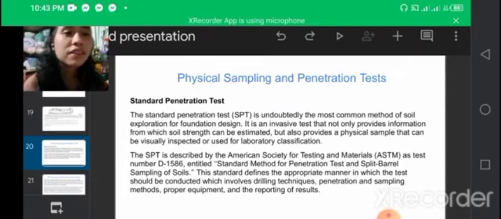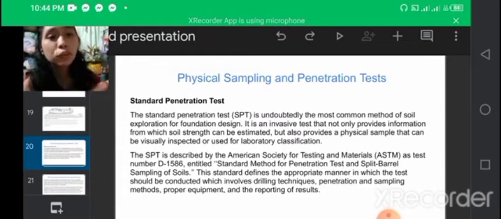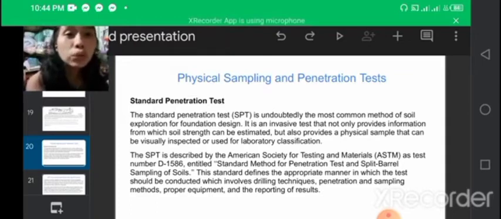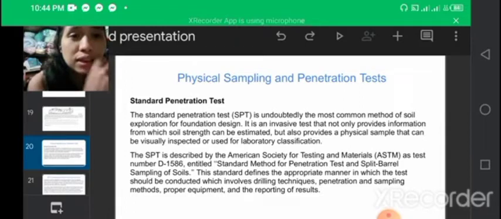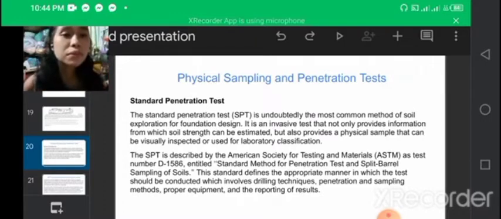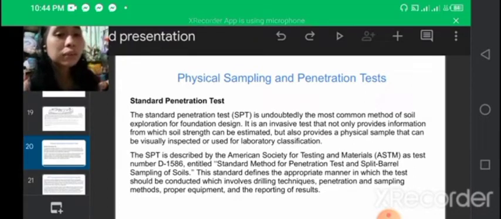It is an invasive test that not only provides information from which soil strength can be estimated but also provides a physical sample that can be visually inspected or used for lab classification. The SPT is described by the American Society for Testing and Materials, or ASTM, as a test entitled Standard Methods for Penetration Test and Split Barrel Sampling of Soils.